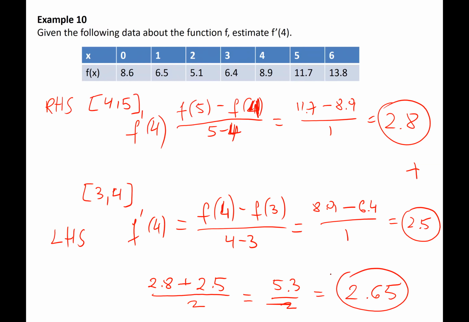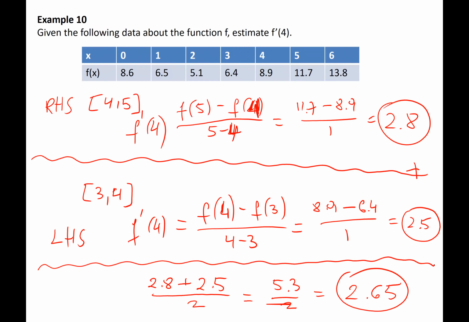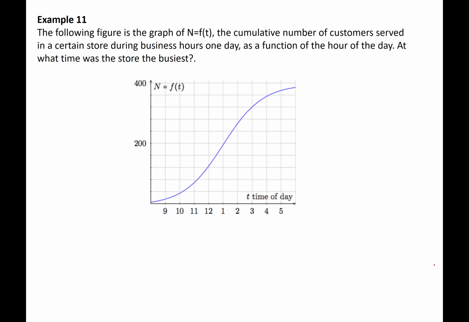That's pretty close to both of them. So that's what we can do with this estimation. And that's the average.